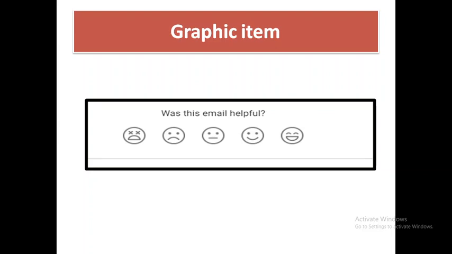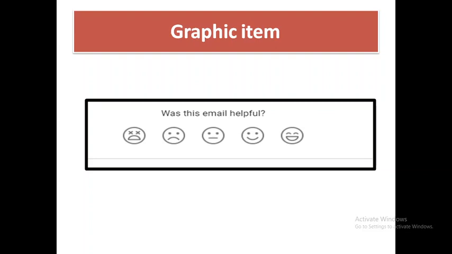Then this is a graphic item. In a graphic item, generally, as an alternative to words, some other symbols are used for collecting data. Now see, this is an example. Was this email helpful? To get the rating by the respondent, the researcher can use these smiley faces.